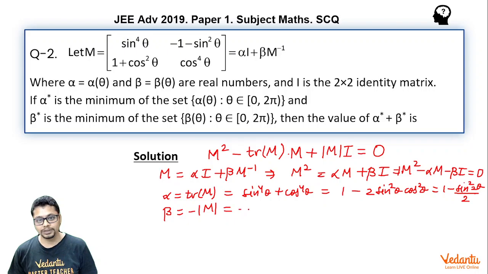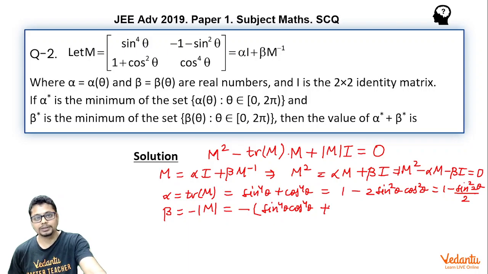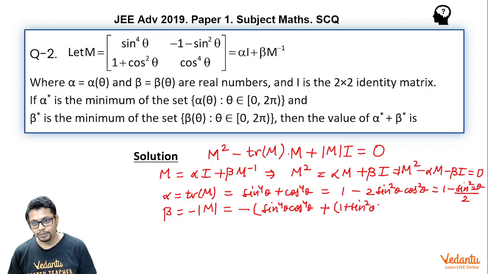So here, minus times determinant of M. What is determinant of M? This is very simple. It is sine to the power 4 theta cos to the power 4 theta minus, and this minus would become plus, basically I have taken minus common from minus 1 minus sine square theta. So it essentially becomes 1 plus sine square theta times 1 plus cos square theta.